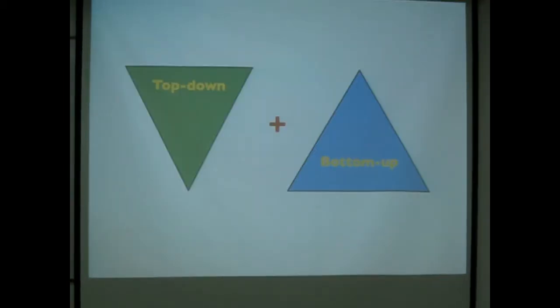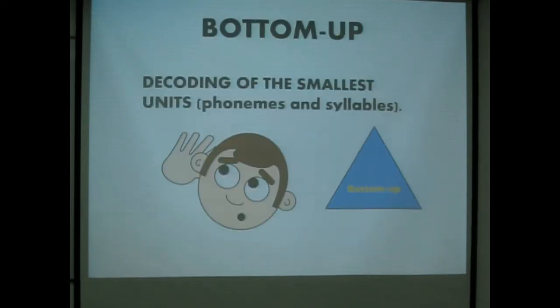While examining the difficulties, researchers have tended to use 2 models to describe the listening process. There are the top-down model and the bottom-up model. Let's review the latter. The bottom-up model emphasizes the decoding of the smallest units, phonemes and syllables, to lead us towards meaning.